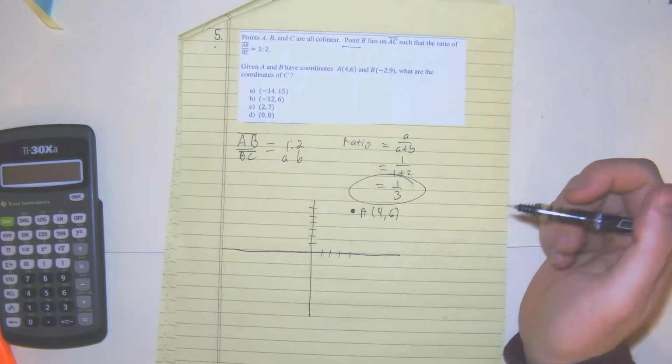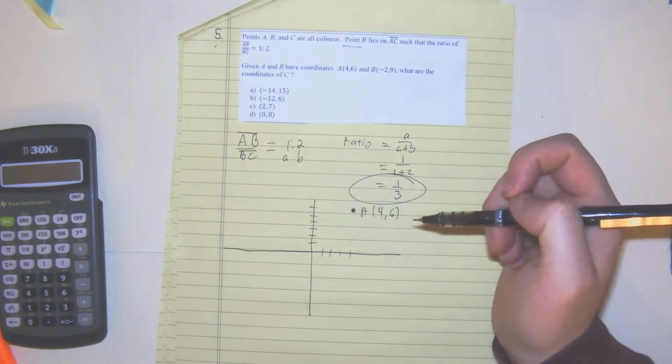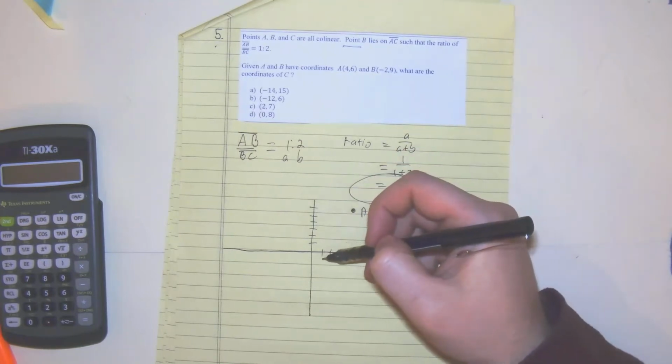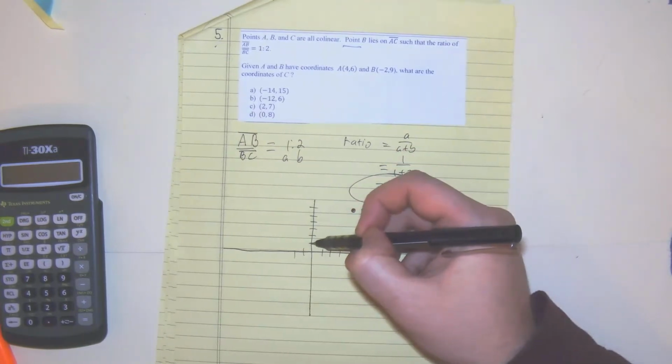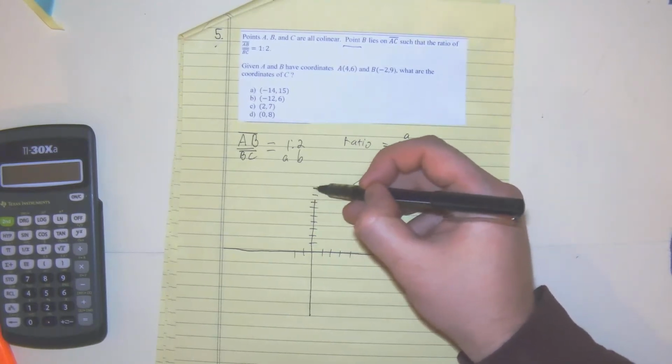So then here we have B. They gave us B, which is at (-2, 9). 1, 2. 1, 2, 3, 4, 5, 6, 7, 8, 9.